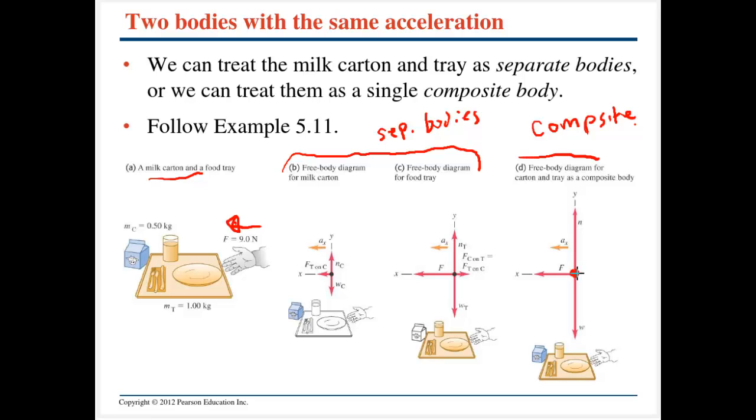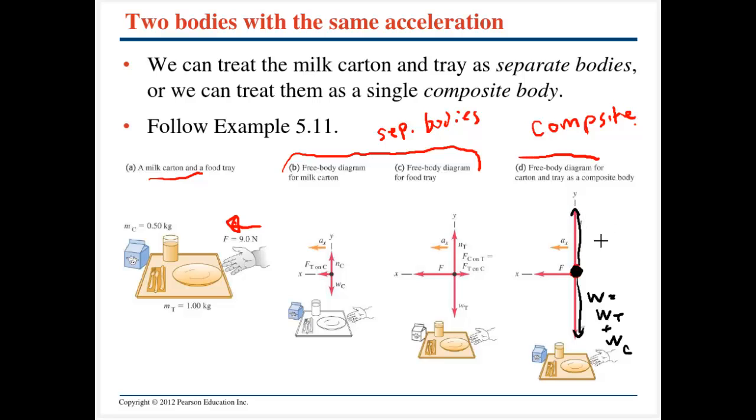If I draw the free body diagram for my carton plus my tray, there's my carton plus my tray. In the downwards direction, I have the weight, which is again going to be the weight of the tray plus the weight of the carton of milk.